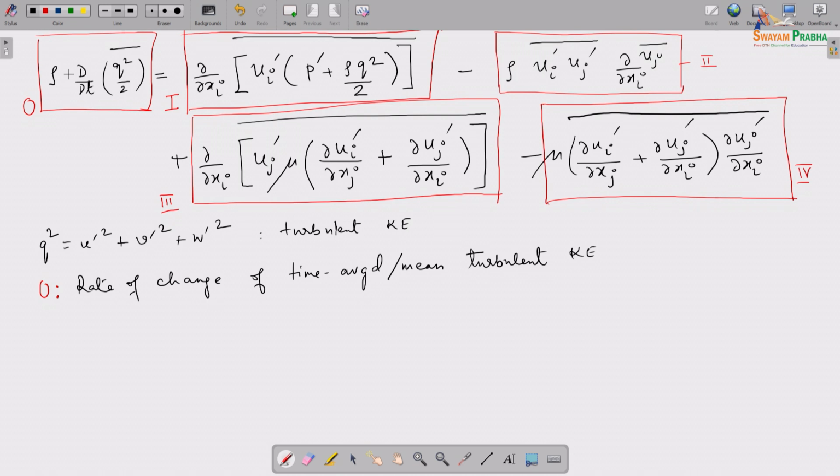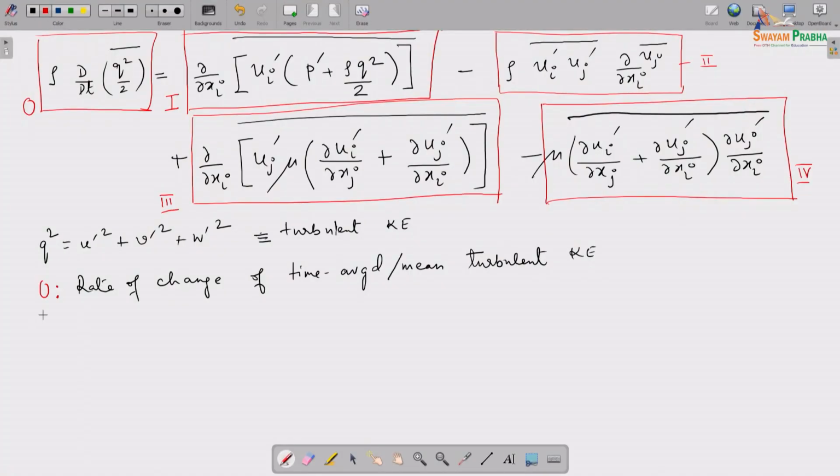Essentially this has to be half of this term, Q square. So I multiply that half into rho, and then I get the turbulent KE. Q square is the square of the fluctuating components of the velocity.